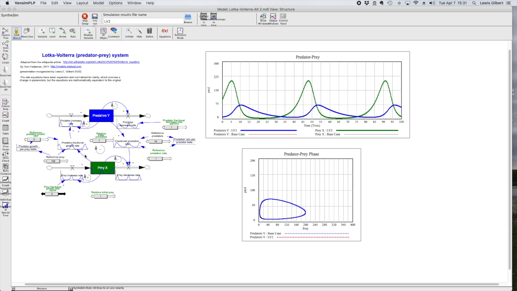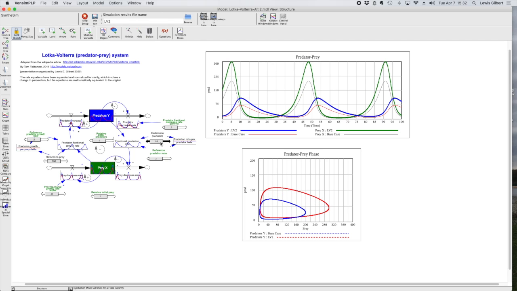Let's change those numbers. Let's say there are 150 rabbits and 15 predators, so the ratio is still the same. You can see that the rough shape of this stays the same, but the variance has expanded dramatically.